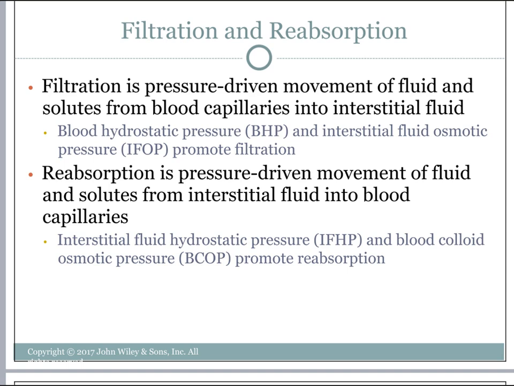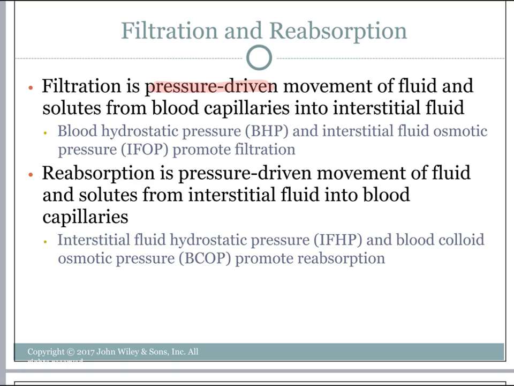So filtration and reabsorption is what we're kind of talking about. And here are our four Starling forces that are really driving the dynamics of this capillary filtration. So filtration, again, here's our key word, remember we said we always go back to this, is a pressure-driven movement of fluid and solutes from blood capillaries into the interstitial fluid.